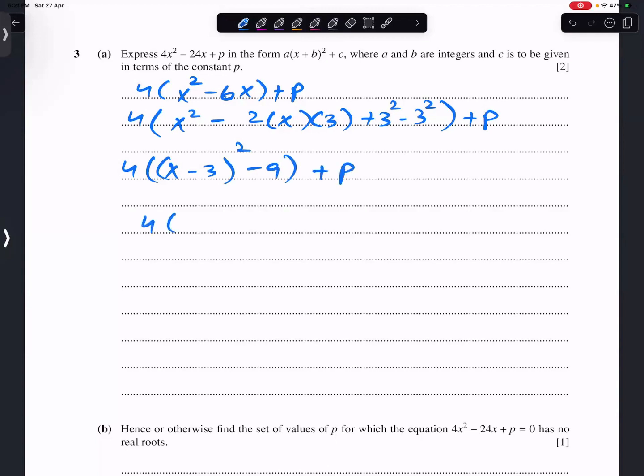So 4 times (x minus 3) whole square minus 36 plus p. So let's write it: 4(x minus 3) whole square plus p minus 36.